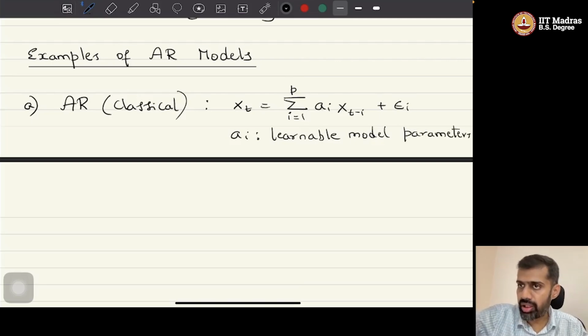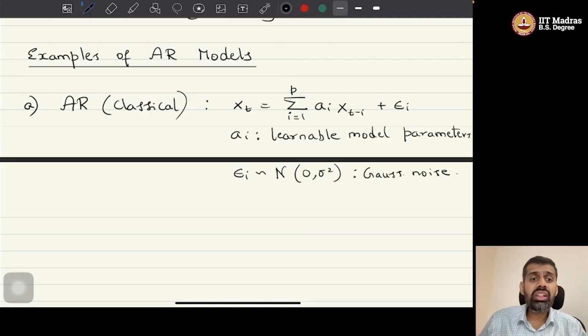And epsilon i is simply noise that is added to every data point, which is Gaussian. It's a fixed Gaussian noise. So this is also called the pth order linear prediction. So p is a hyperparameter here. How many previous data points you choose to regress over is a hyperparameter, and this is simply a p parameter model because all that we need to learn are p coefficients. This is the classical autoregressive or linear prediction modeling.